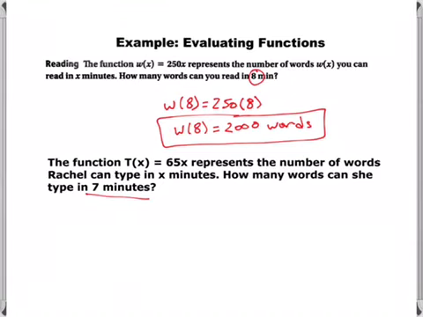It's how many words you can read in 8 minutes. This time we're looking at how many words you can type in 7 minutes. So that means we're plugging in 7. So t of 7 equals 65 times 7. And in this case, in 7 minutes, Rachel can type 455 words.